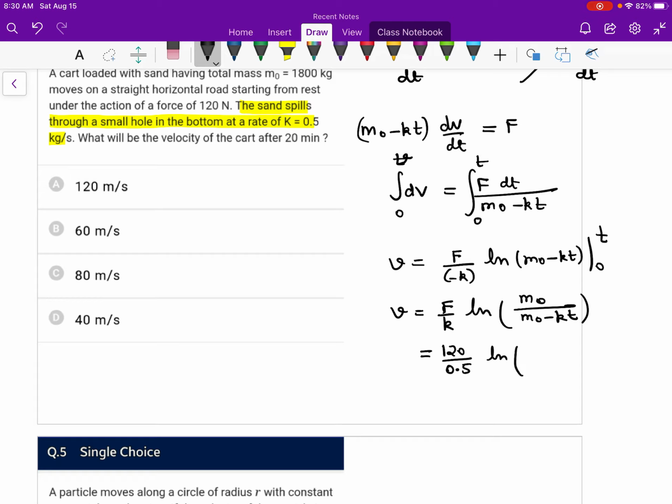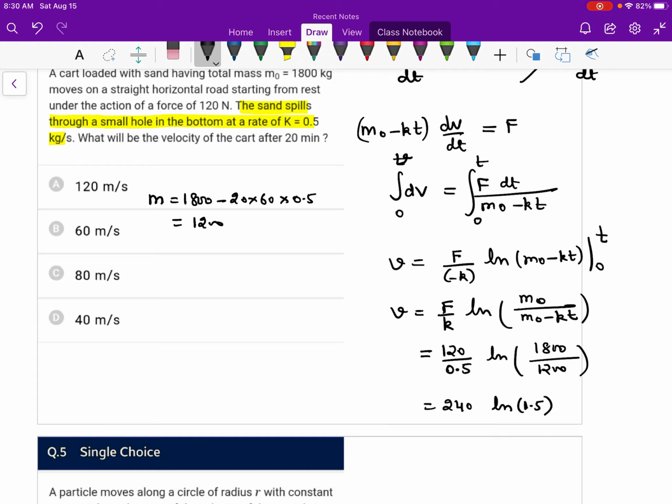ln m0 initial mass is 1800, and in 20 minutes the mass after 20 minutes, which is 1800 minus 20 into 60 into 0.5, so that is 600. 1800 minus 600, 1200. So 6 3s are 18, 3 by 2, so this is 240 ln 1.5.